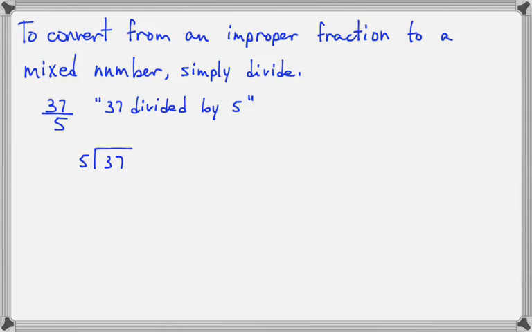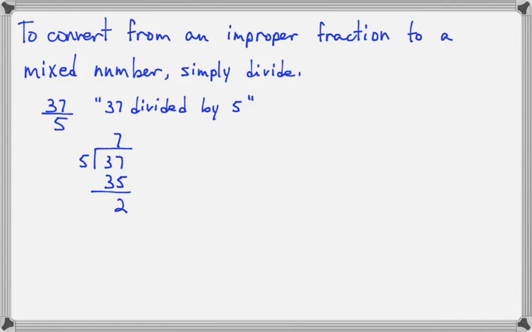And we just set up the division problem. The top number always goes inside the box, and the bottom number always goes outside. And we say 5 will go into 37 7 times with 2 left over. And so this 7 is the whole number because it goes in 7 whole times, and the 2 is the pieces that are left over.